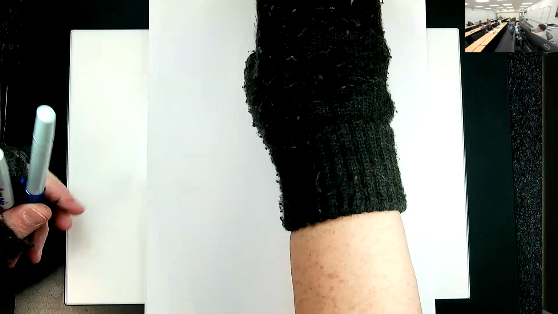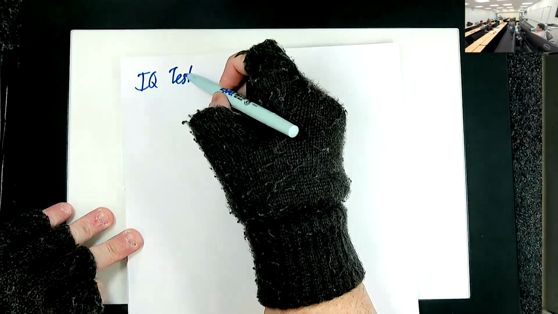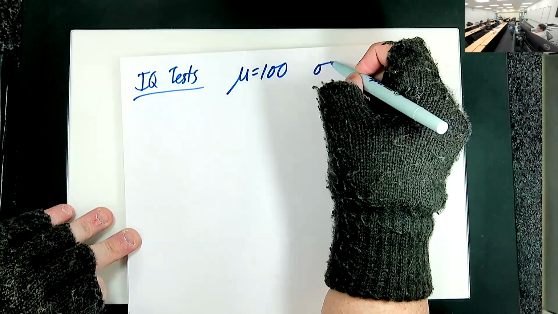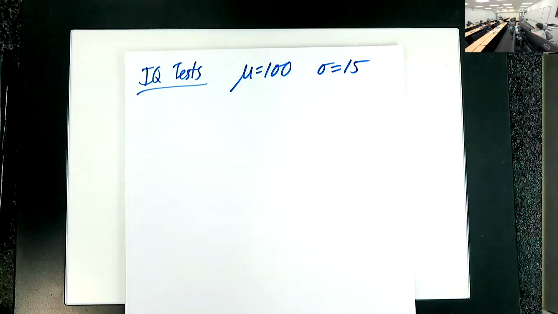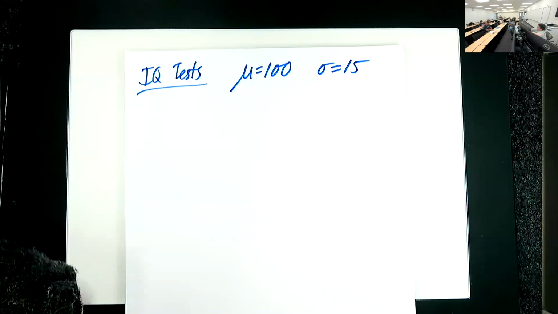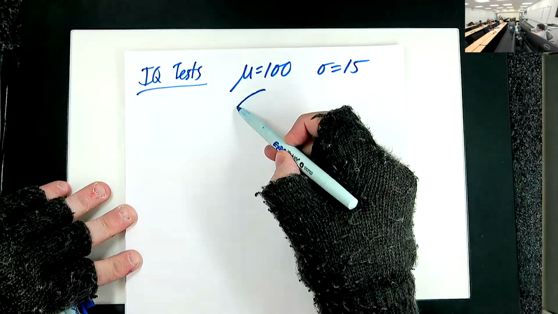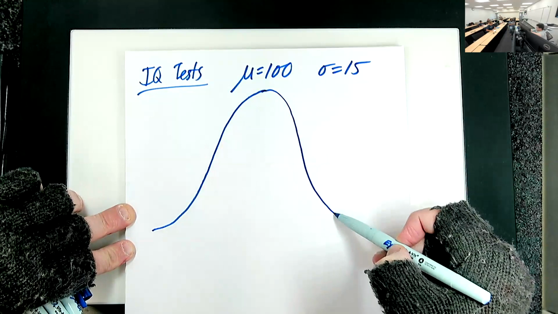So a common one is the IQ test. We talked about this before. The IQ test has a mean of 100 and a standard deviation of 15. They might have you, let me just draw this a little bit.